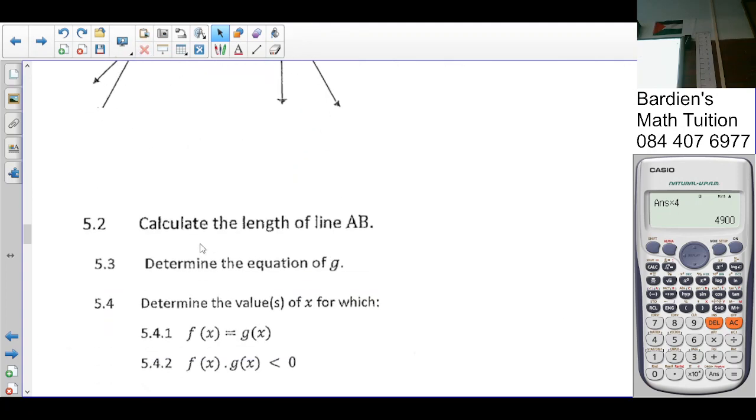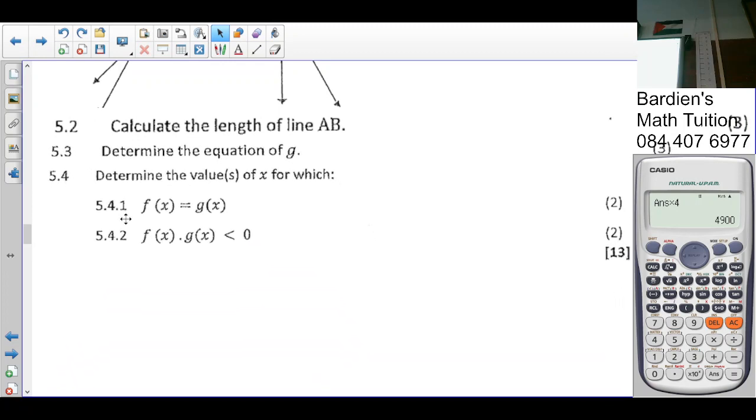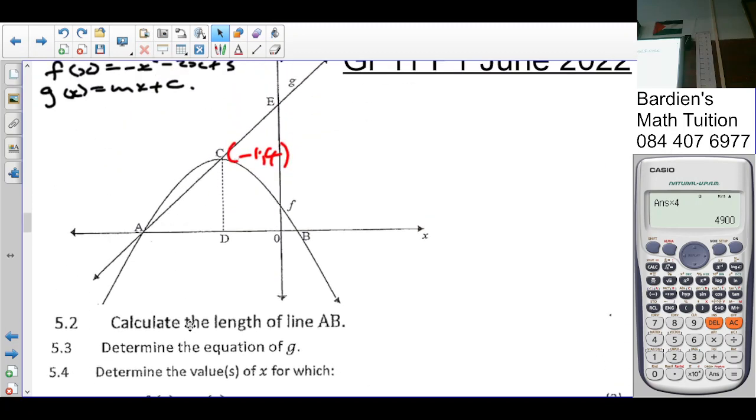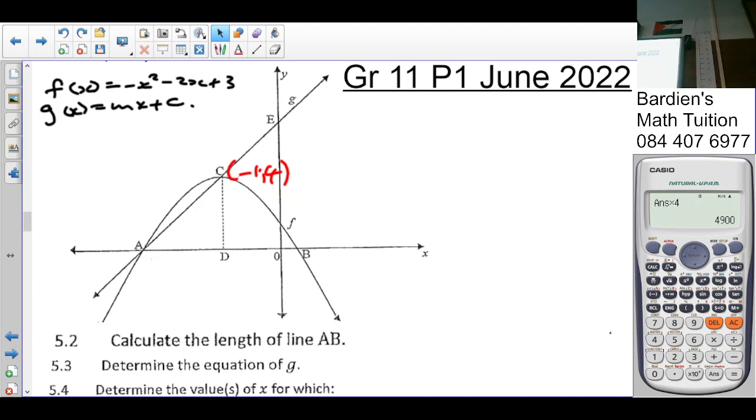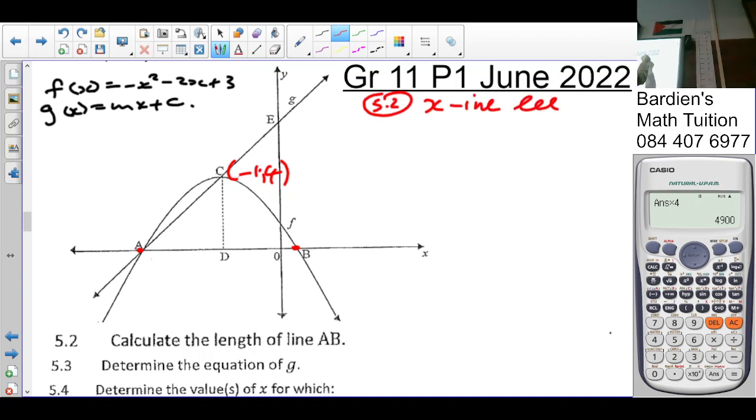The next one, 5.2. Question 5.2, we are told calculate the length of AB. As you can see here, A and B are your x-intercepts. So how do you calculate the x-intercept? We let y equal to 0, so it's on the parabola.